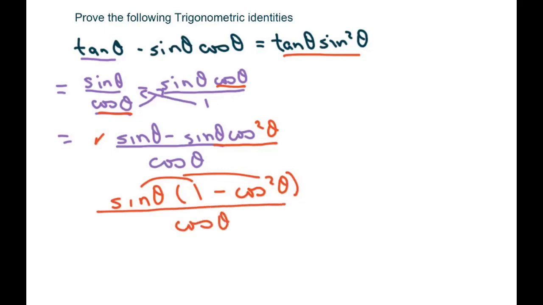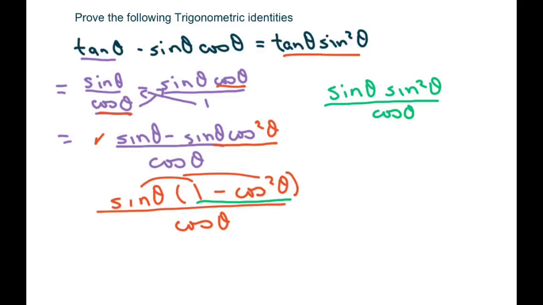Okay. So, when I do that, 1 minus cosine squared of theta is sine squared. So you can get sine of theta over sine squared of theta over cosine.